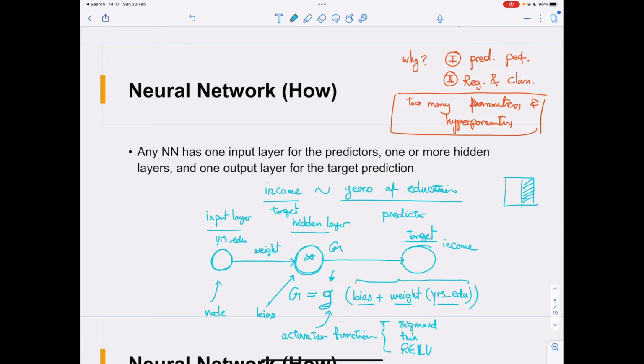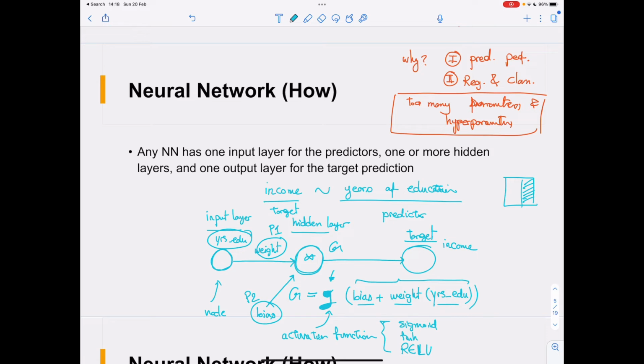So we basically receive the predictor, and this parameter is P1, and this parameter is P2. We put them in a linear format and feed them into a nonlinear function called G, a transformation, and we get the output and pass it to the next layer.